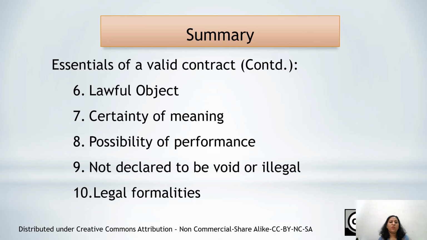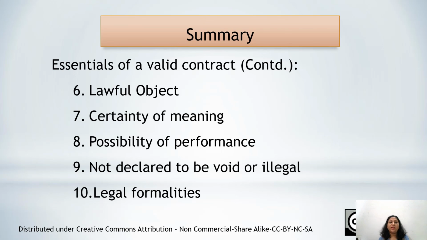Then at the fifth point we discussed free consent. Consent is not said to be free when it is affected by coercion, undue influence, fraud, misrepresentation, or mistake. And in this lecture we have covered the rest of the 5 points.